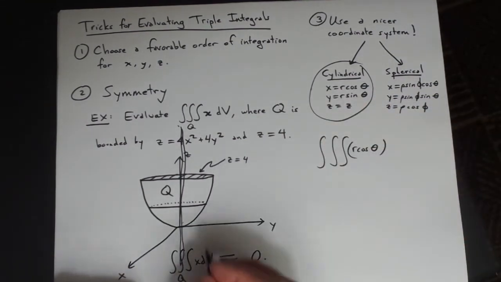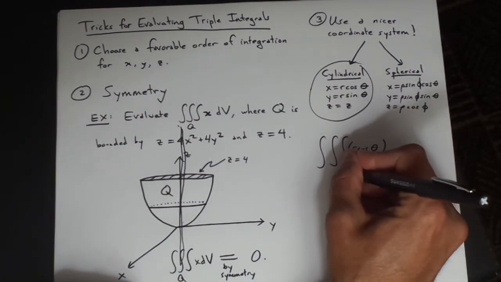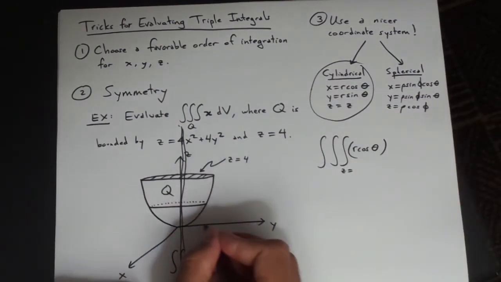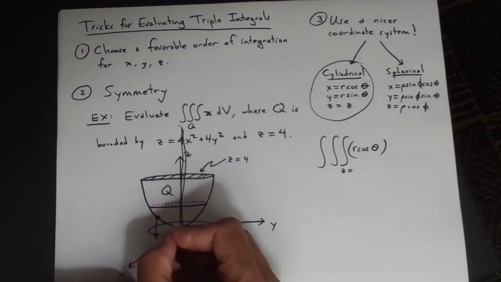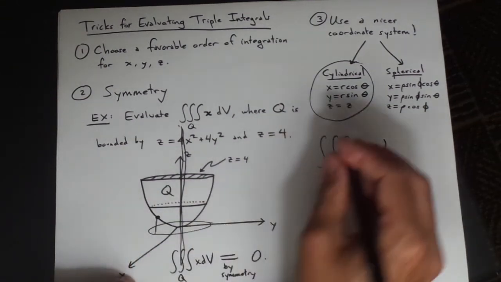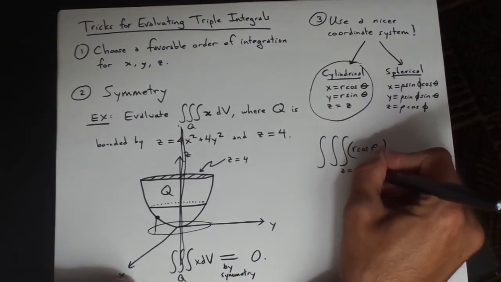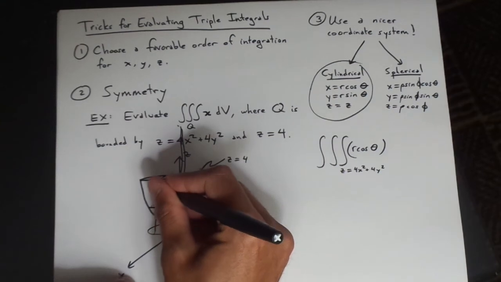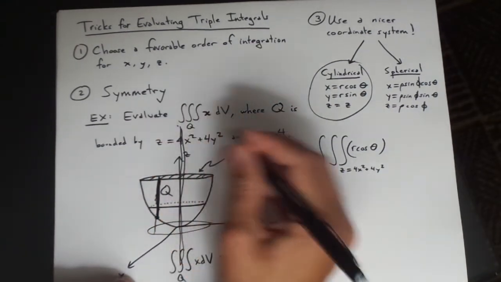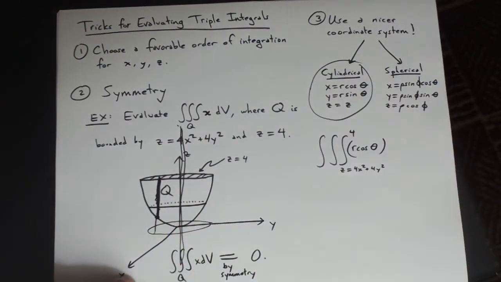My inside limit of integration would just be z, and you can see that if I stand somewhere below the paraboloid and look in the z direction, you have some empty space for a while, but then you hit the paraboloid, which is 4x squared plus 4y squared, and you integrate vertically up until z is equal to 4.